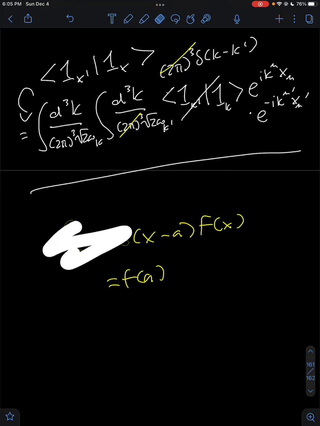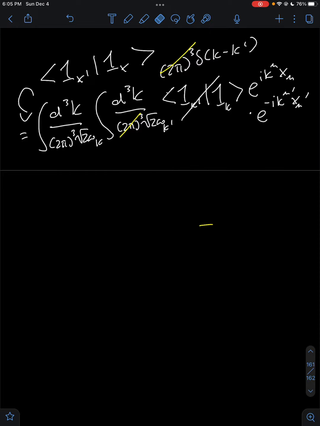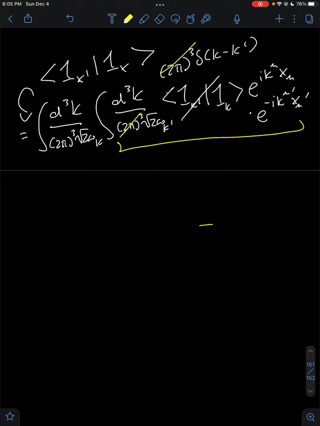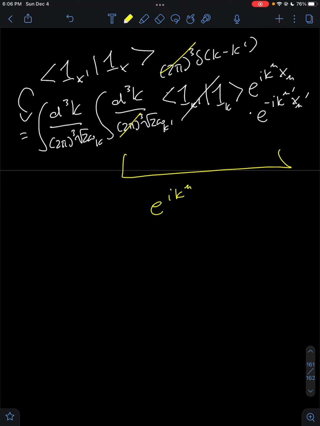This implies that our integral over here, because we're integrating this first and then again with respect to k, the integral of just what's in the yellow underline is going to be e to the i k mu x mu, e to the minus i k mu x mu prime, and then times 1 over the square root of 2 omega k.